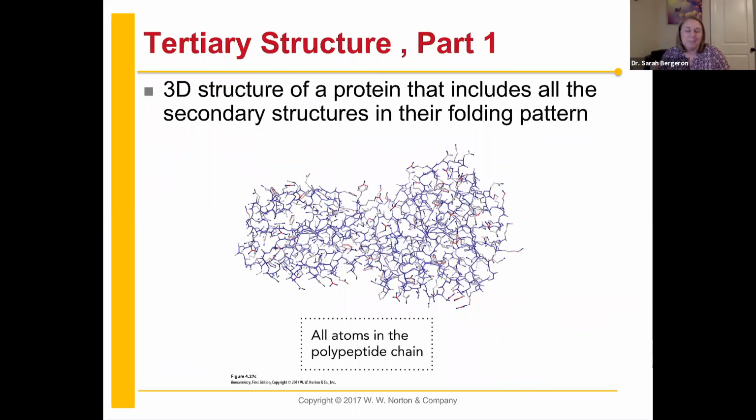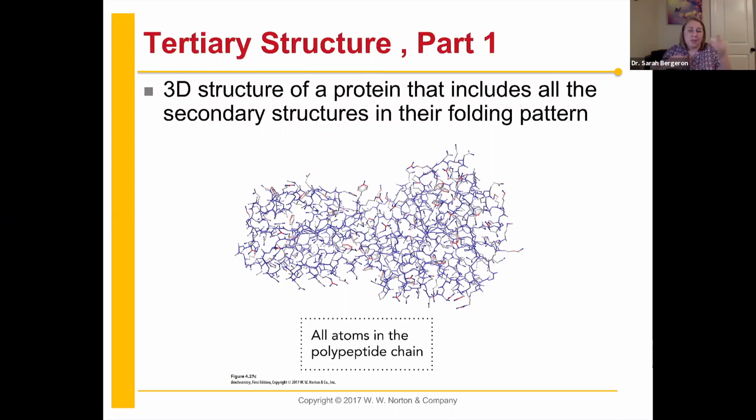It's really cool. All right, so we did primary, we did secondary, now we're doing tertiary structure. So our tertiary structure includes all the secondary structures in their folding pattern. So the average protein has like 300 amino acids. That gives you like 10 alpha helices, 10 beta sheets, and the rest turns and loops.